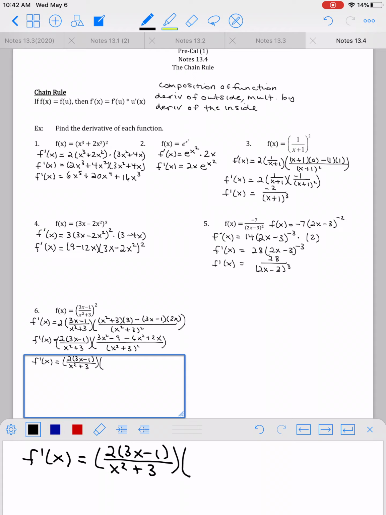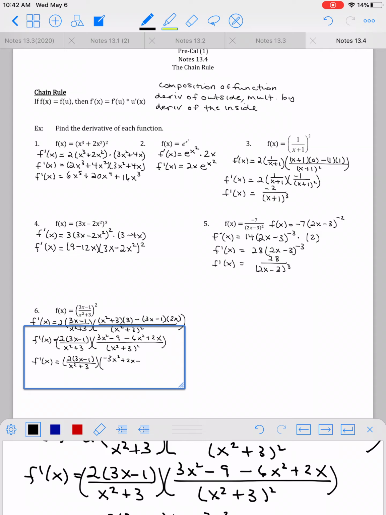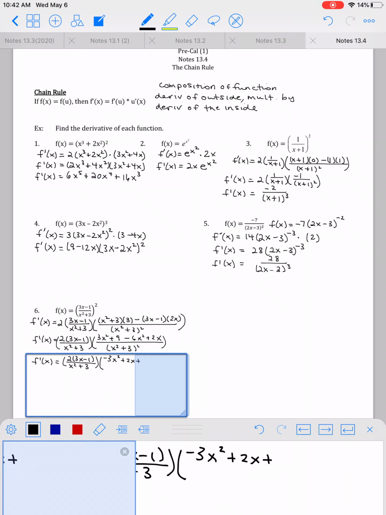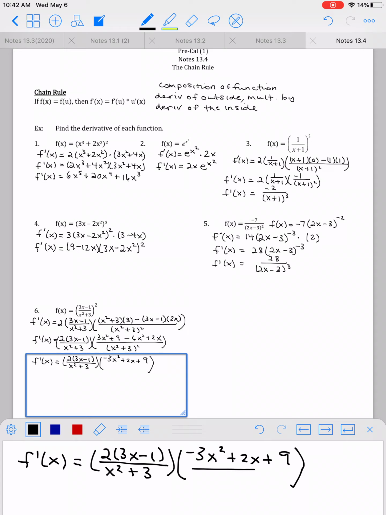All right, so negative 3x squared plus 2x, oops, just found a sign mistake. I bet some of you are probably envisioning that as we go. Plus 9, okay, all over that quantity.